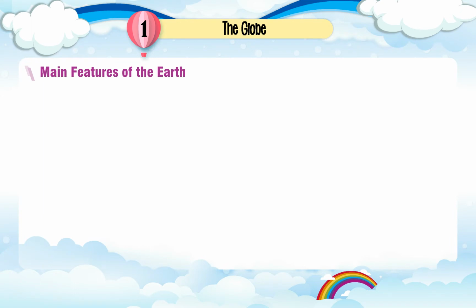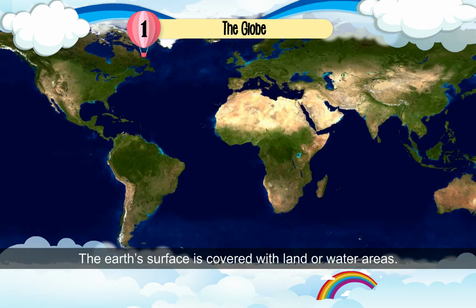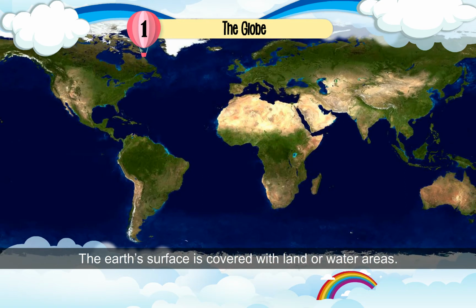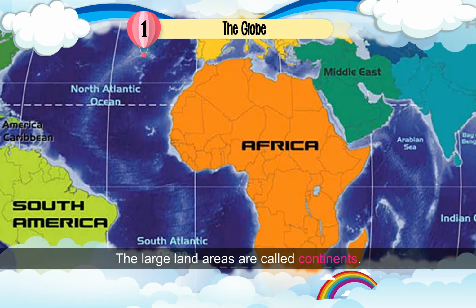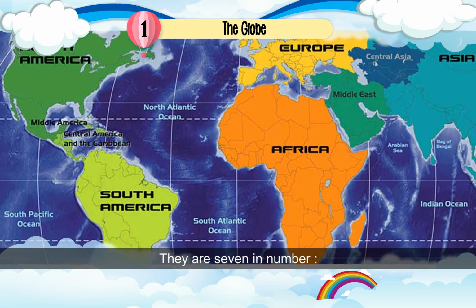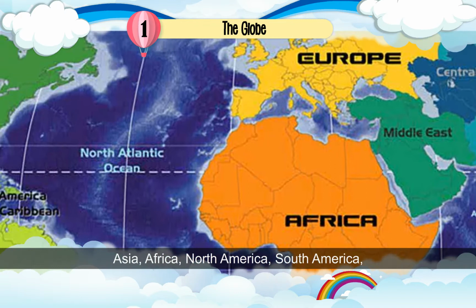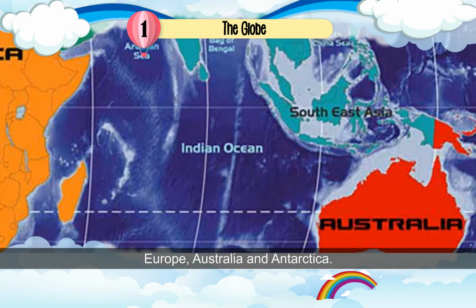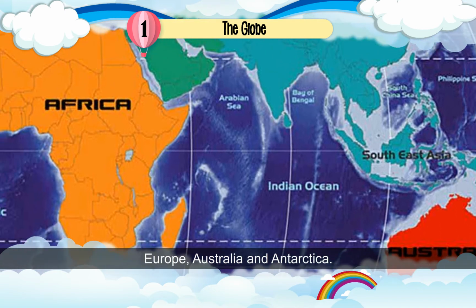Main features of the earth. The earth's surface is covered with land or water areas. The large land areas are called continents. They are 7 in number: Asia, Africa, North America, South America, Europe, Australia, and Antarctica.